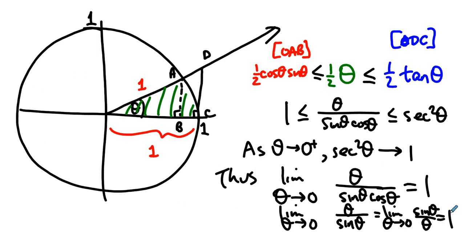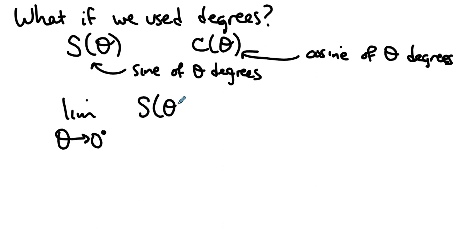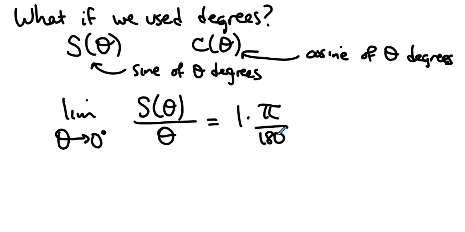So the limit as theta approaches 0 degrees of sine of theta degrees over theta degrees is 1 times pi over 180.